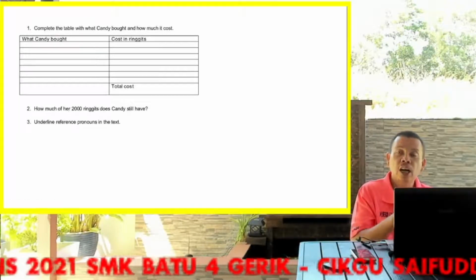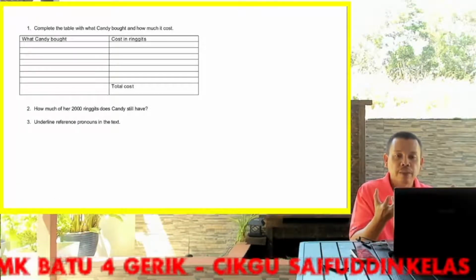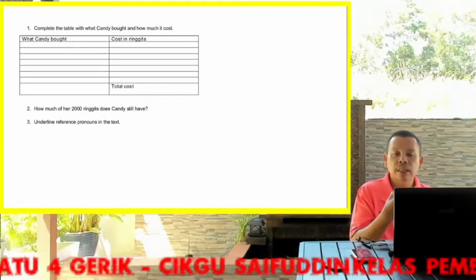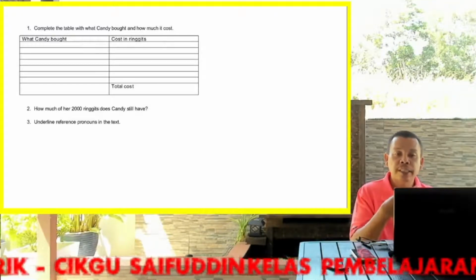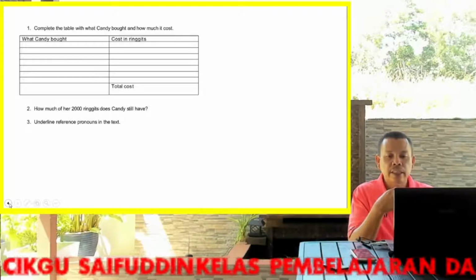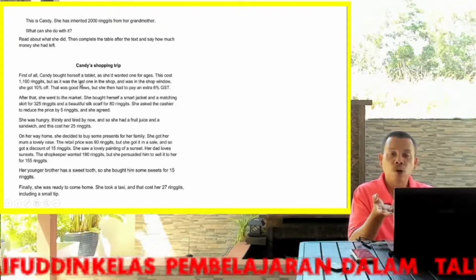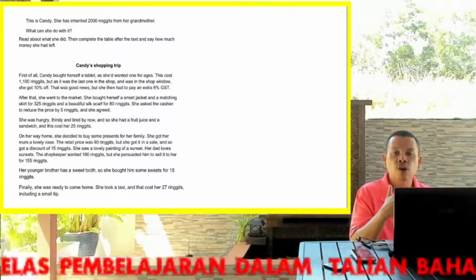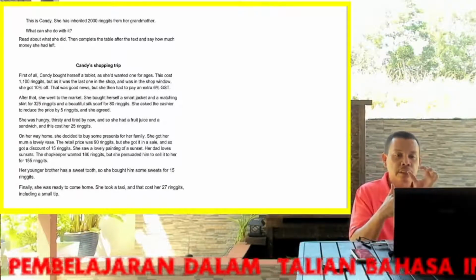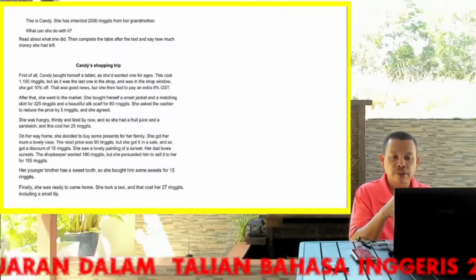How much is the balance that she still has? And for the third assignment, underline the reference pronouns in the text that I have shown you previously. You can underline, or highlight it, or just write in the Google form the words that show reference pronouns.